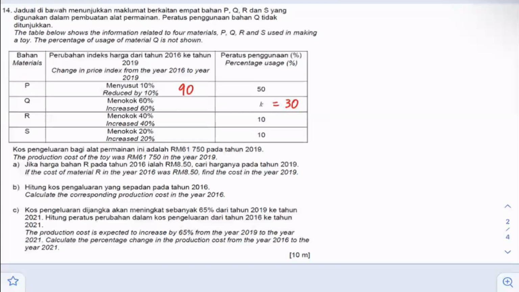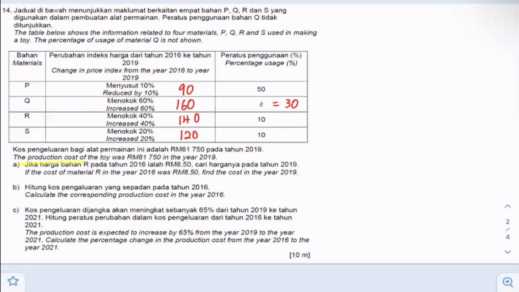For Q, it increased 60%, which means from 100, you increase 60, and the index number will be 160. Increase by 40, 140. Increase by 20, 120. So the baseline is 100. If you reduce 10%, it is 100 minus 10. If you increase 60%, it is 100 plus 60.